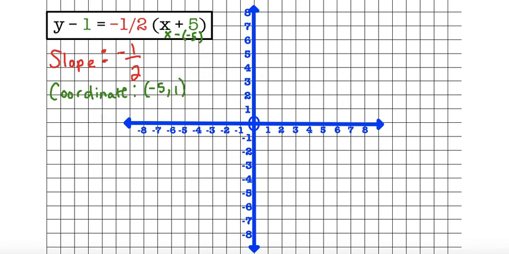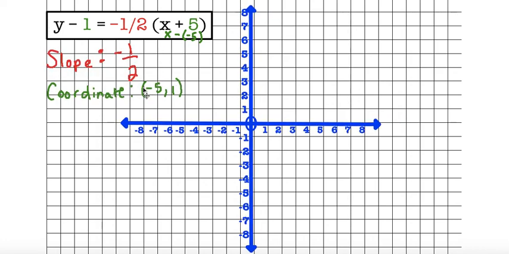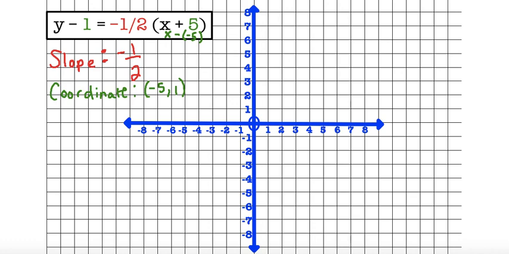Actually, I'll just plot it. So -5, +1. And then my slope is -1 over 2. So I'm going to go down 1 over 2, down 1 over 2, down 1 over 2.